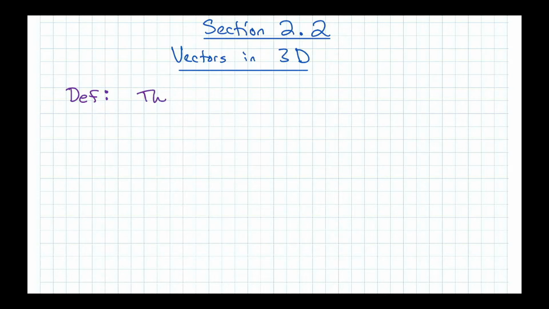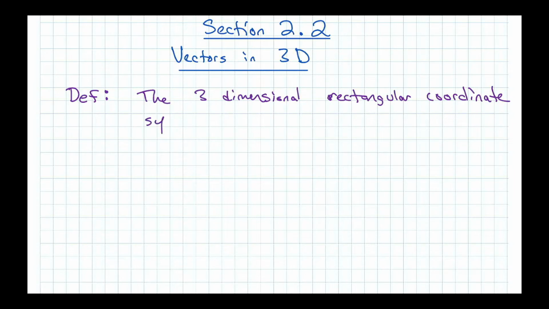So we have the three-dimensional rectangular coordinate system, because we're going to have other coordinate systems pretty soon: cylindrical coordinates and spherical coordinates. But we're dealing with rectangular coordinates today.